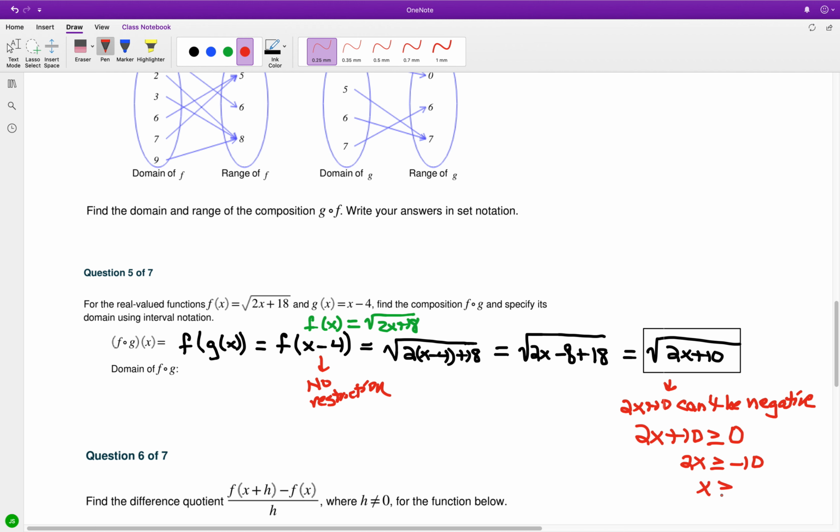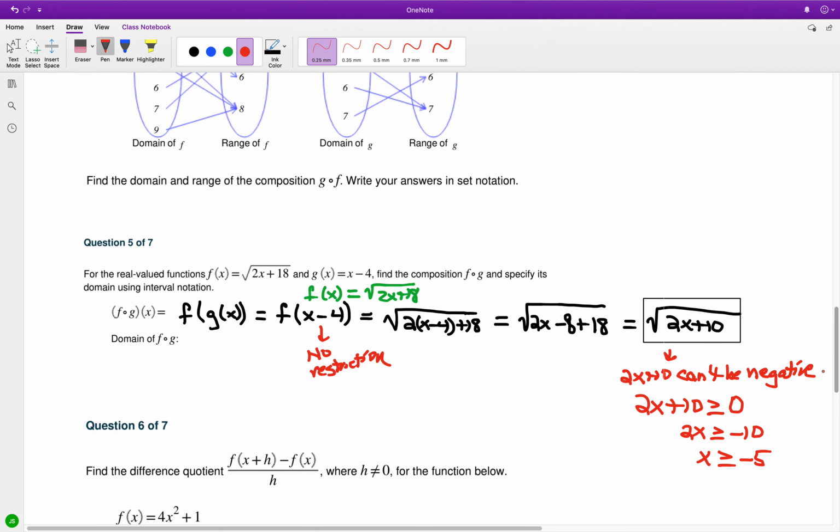Dividing by 2, the inequality that defines the domain is x is greater than or equal to negative 5. So the domain is all values of x greater than or equal to negative 5.